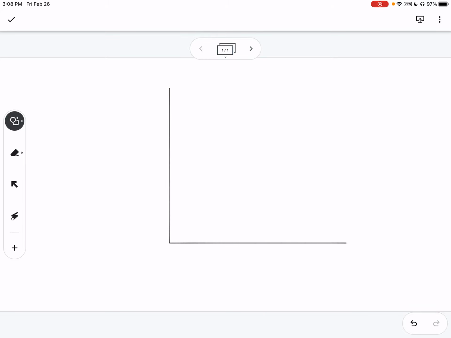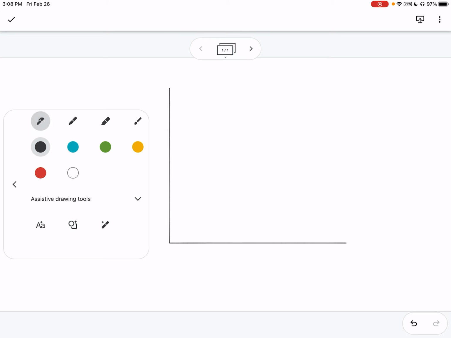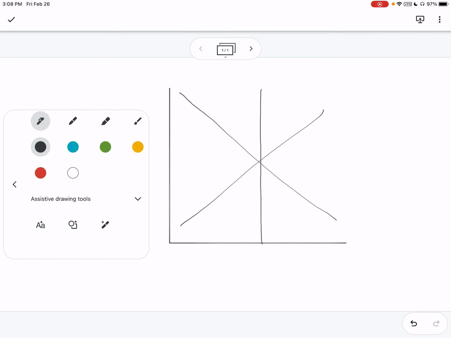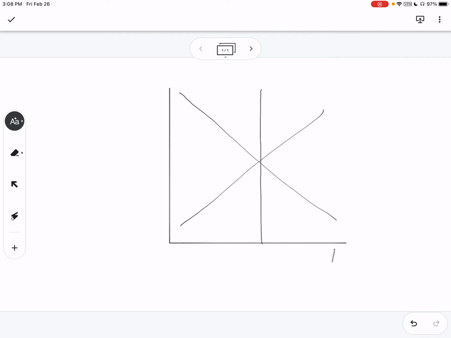So this is the one where you have the downward sloping line, this upward sloping line, and then this crazy guy that went here. The labels are GDP, so real gross domestic product on the x-axis, price level on the y-axis.